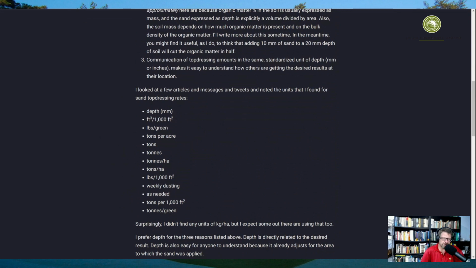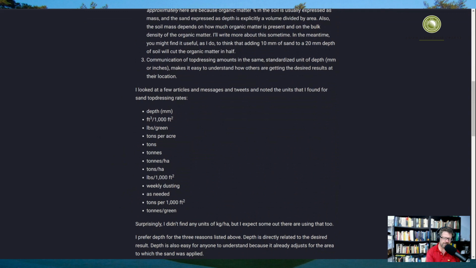Depth in millimeters, cubic feet per 1,000 square feet, pounds per green, tons per acre. That's tons spelled T-O-N-S, tons per acre. Just tons with absolutely no denominator. Tons spelled T-O-N-N-E-S with no denominator.